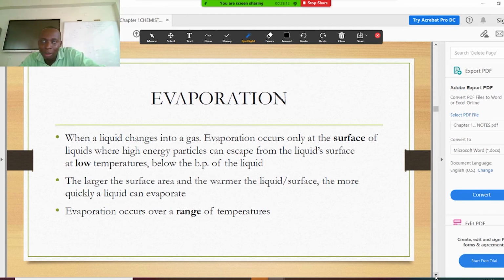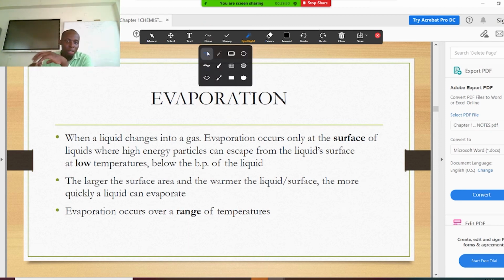Now, when you heat a liquid, some of the liquid gains kinetic energy, and they move to the surface, and on the surface they escape into the gaseous state. Right. So evaporation is a surface phenomenon. It occurs on the surface.